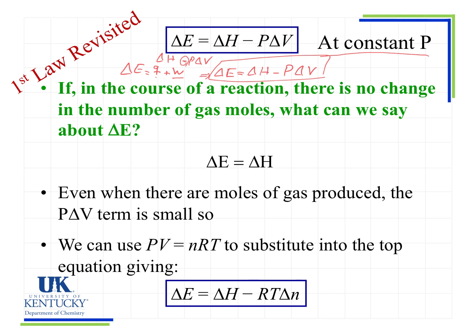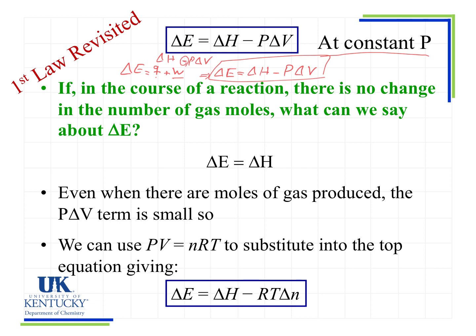So if in the course of a reaction there is no change in the number of gas moles, remember, if we are making more gas, we have expansion. If we are making less gas, we have compression, right? And that expansion or compression is going to do the work because we have delta V. So if we have no change in the number of gas moles, what happens? Then there is no compression or expansion.